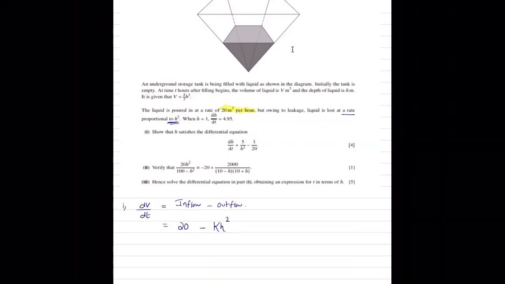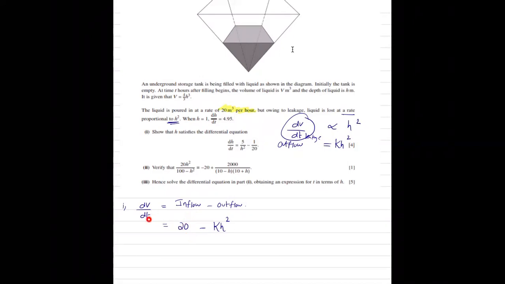Okay. So the volume lost due to leakage is proportional to H square. If I remove the proportionality sign, that is equal to kH square. Now this is the outflow because of the leakage, and the liquid was being inserted at a constant rate of 20 meter cube.